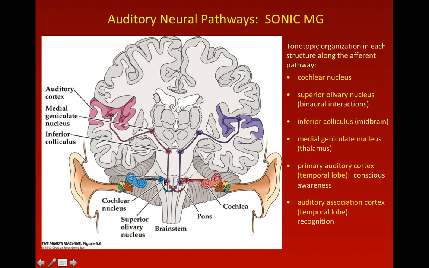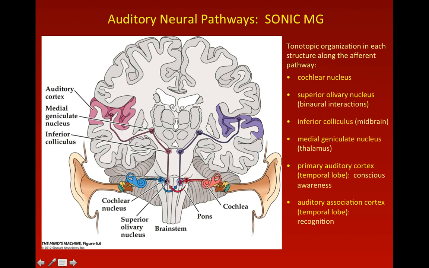The cochlear nucleus consists of neurons. A nucleus, remember, is neuron cell bodies and dendrites, an information processing center. It's going to process information coming only from that one ear. From the cochlear nucleus, and again, right ear shown in blue, left ear shown in red, the information will then be relayed to a nearby nucleus in the brainstem called the superior olivary nucleus. There's one on the right and one on the left.